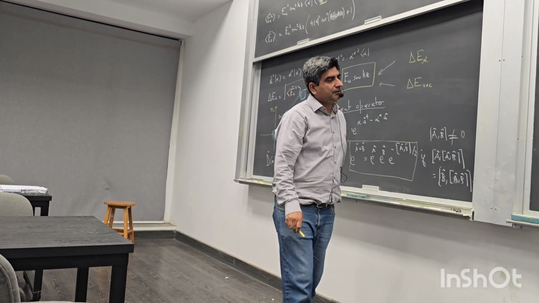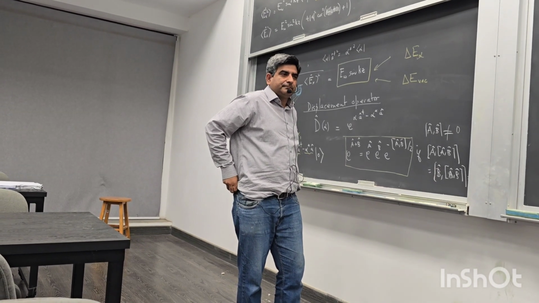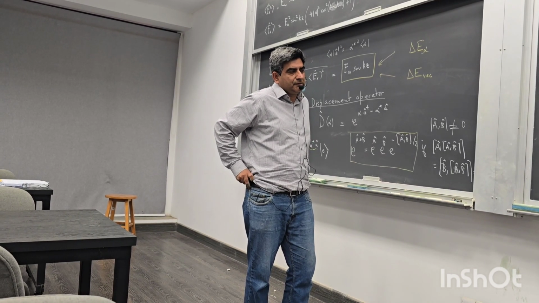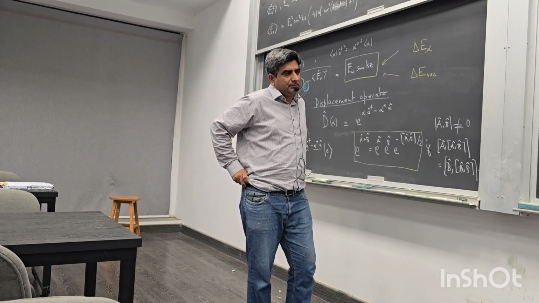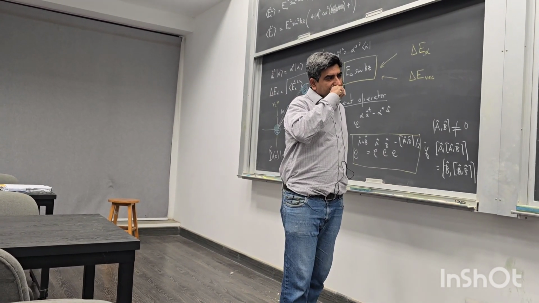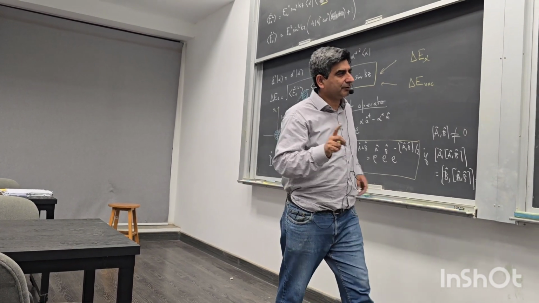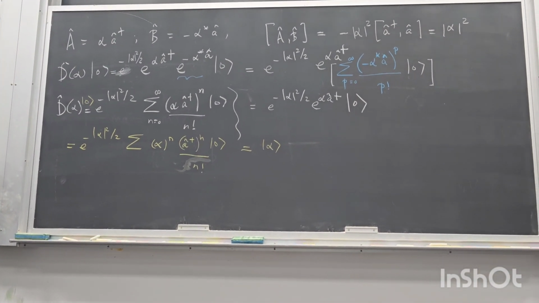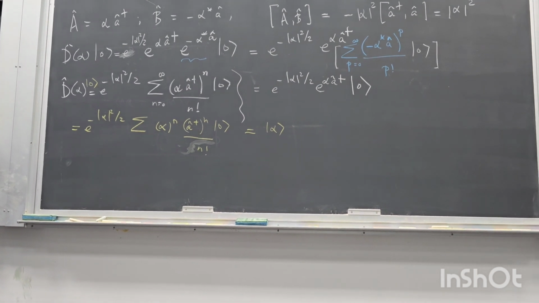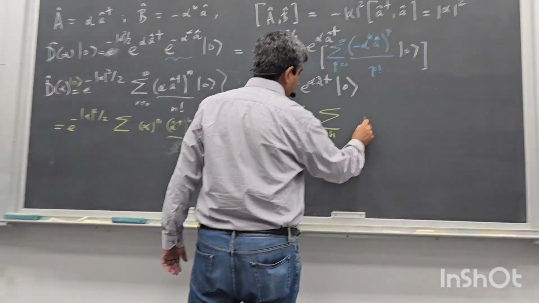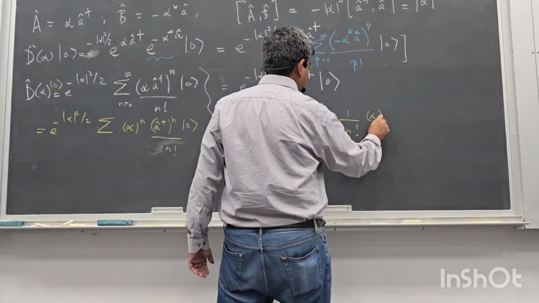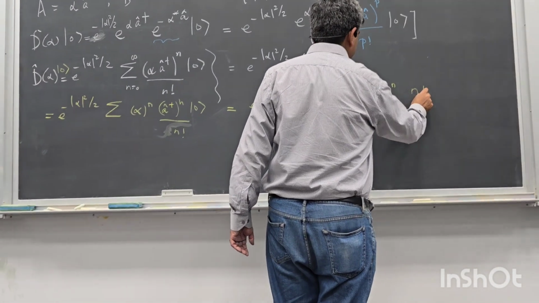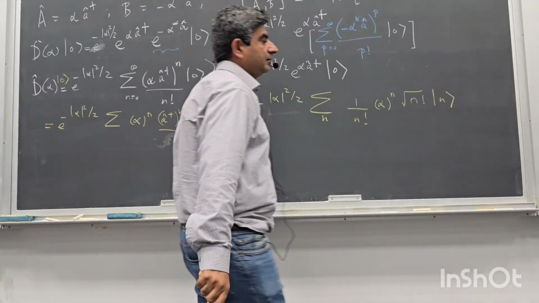Beautiful. Sir, in the coherent state there is no square root of n factorial, it is n factorial... So A dagger n. What mistake is happening then? It's 1 over n factorial, alpha raised to power n, and now this is square root of n factorial ket n. Right?